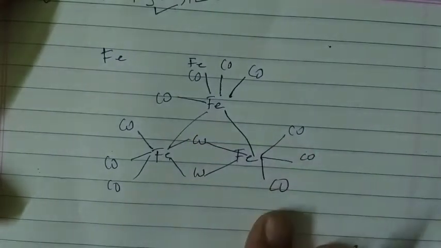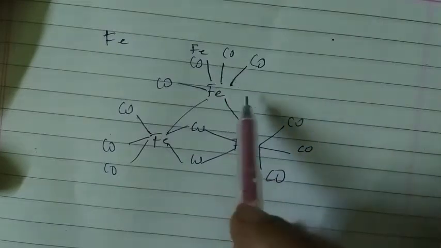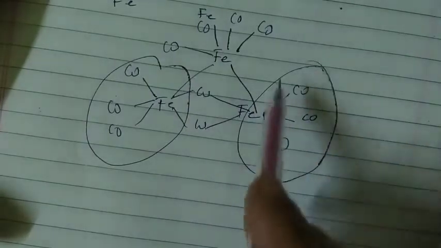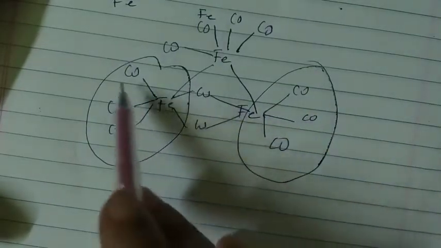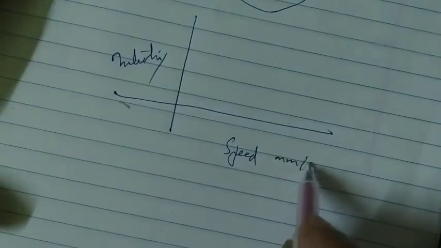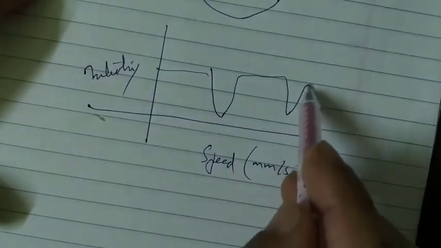Now you can see the environment of these irons. This one and this one are almost the same, because there are 2 bridging carbonyls and 3 terminal carbonyls. This one here has a different environment, and that's why if you take the Mössbauer spectrum, with intensity versus velocity in millimeter per second, you are going to get 2 signals like this.